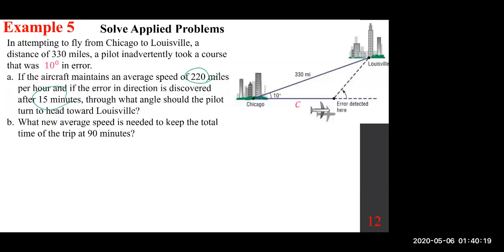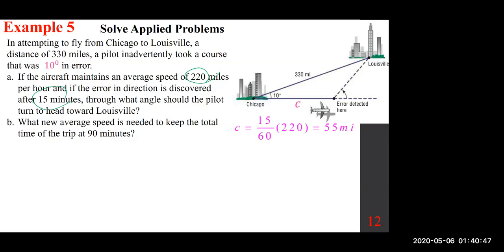So we want this distance, right? And this distance is simply d equals RT, the rate times time. The rate is 220 miles. The time is 15 minutes. 15 minutes, that means if it's given in minutes, you just divide by 60, class. And I don't want to, everybody knows it's 1/4, but I want to keep it as 15 over 60 for one reason and one reason only.